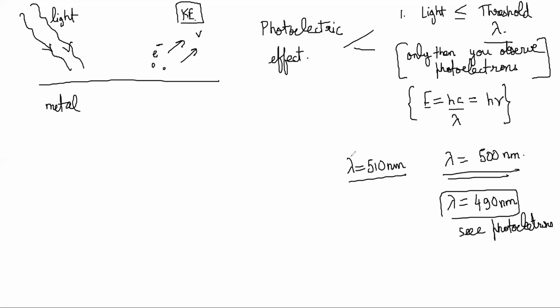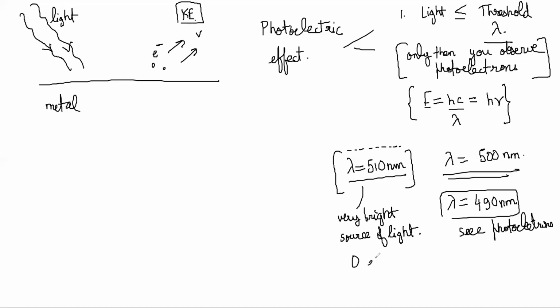So here is the key point where wave theory failed. I can take a very bright source of light, like a huge torch with high intensity, and make sure that it has a wavelength of 510. No matter how bright you shine the light, zero electrons are emitted.